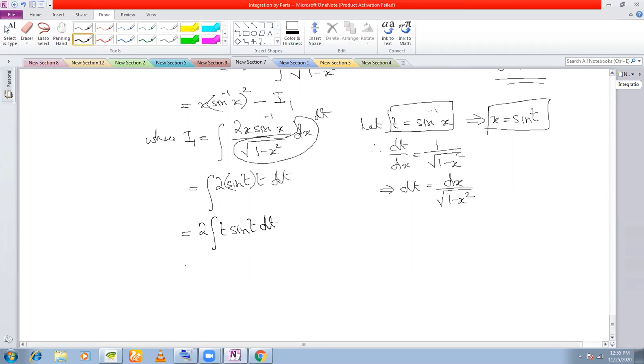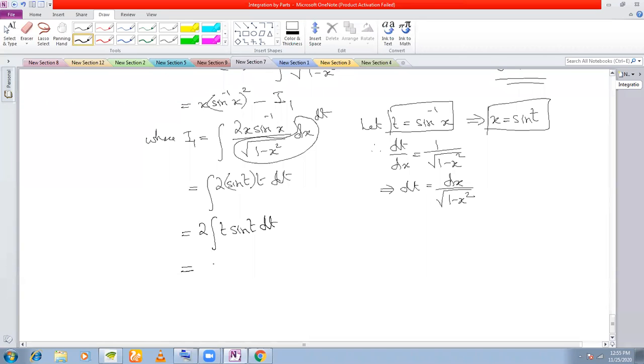Okay. So now t sin t. How do you evaluate t sin t? Again by parts. Take t as your algebraic function and sin t as your trigonometric function. You can take your algebraic function as your first function.